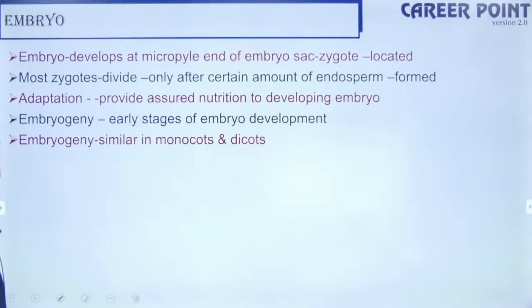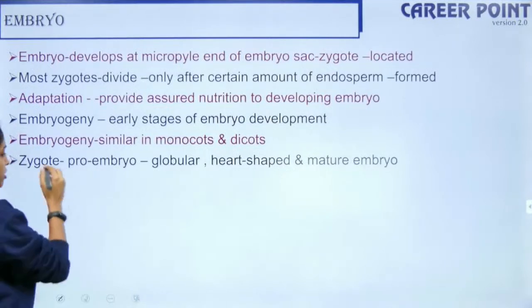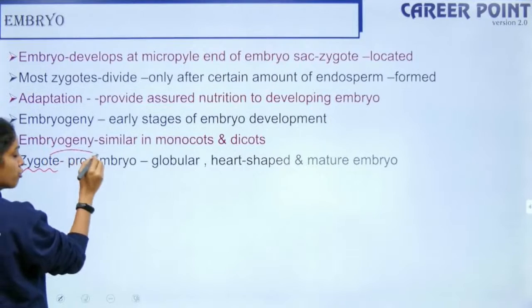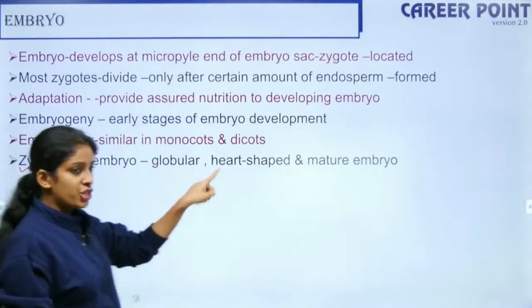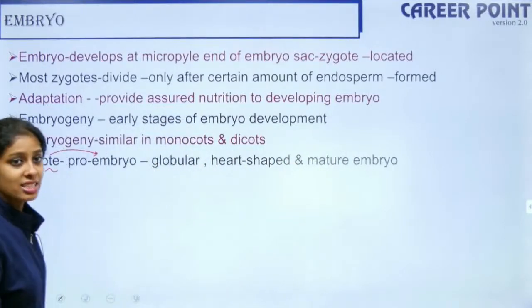Embryogeny is similar in monocots and dicots. First you have fertilization, which leads to the formation of the zygote. The zygote leads to the formation of the pro-embryo, which is globular, then heart-shaped, and then it develops into a mature embryo. These are the stages of development.